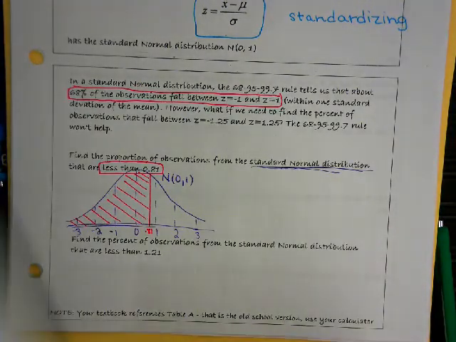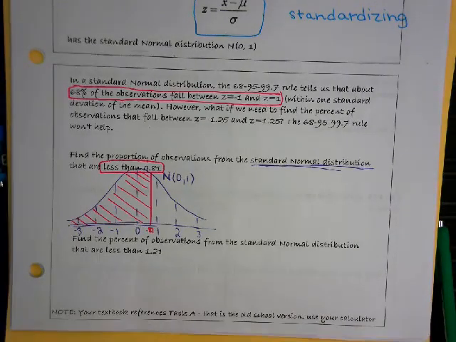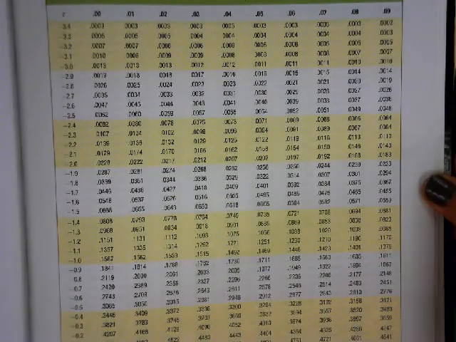There's a bunch of tables back here. Table A, and it's a list, and you have to go through and find the correct values. If it's less than, Table A works. If it's greater than, you have to do some math because it only gives you the values less than. But the calculator does less than and greater than, so just use the calculator.